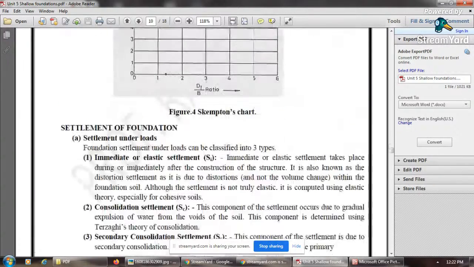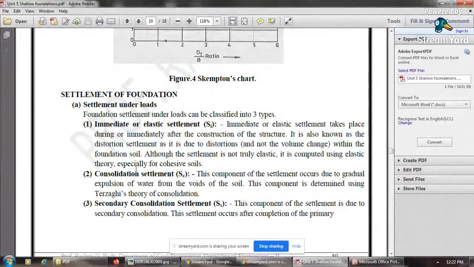Now, Skempton's settlement of foundation. Settlement under loads: foundation settlement under loads can be classified into three types. Immediate or elastic settlement, which is given by Si. Immediate or elastic settlement takes place during or immediately after the construction of the structure.